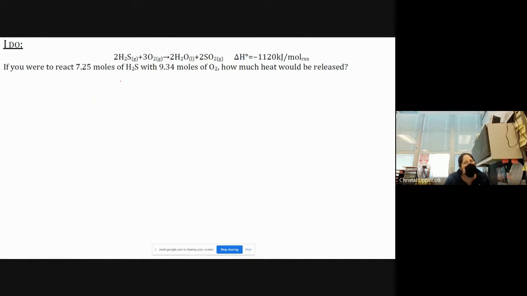Add them. Do the whole reaction of 7.25. No, you have to turn them into kilojoules. Nope. Find out which one is your limiting reactant. Yes, very good.